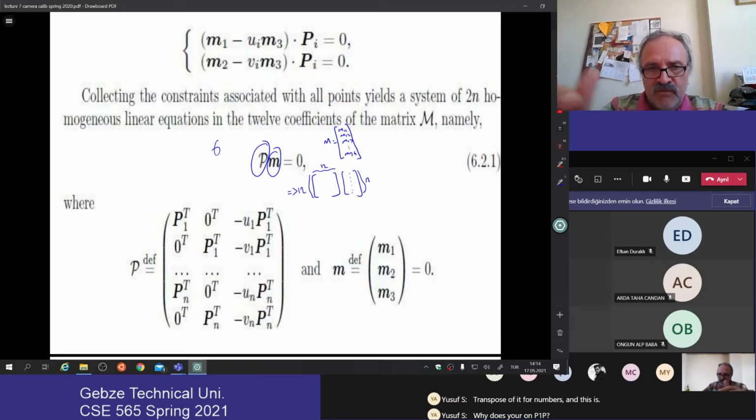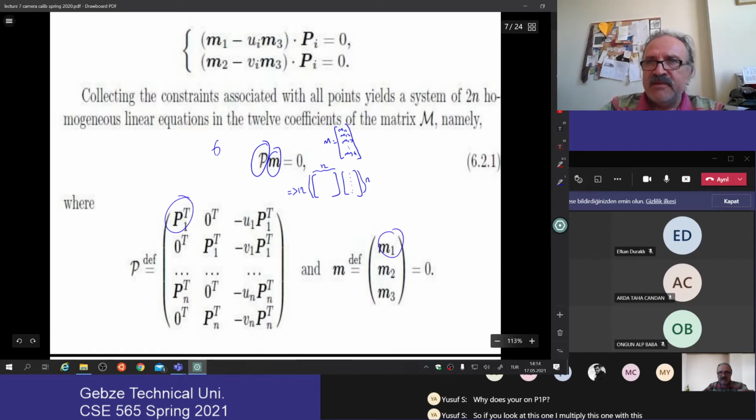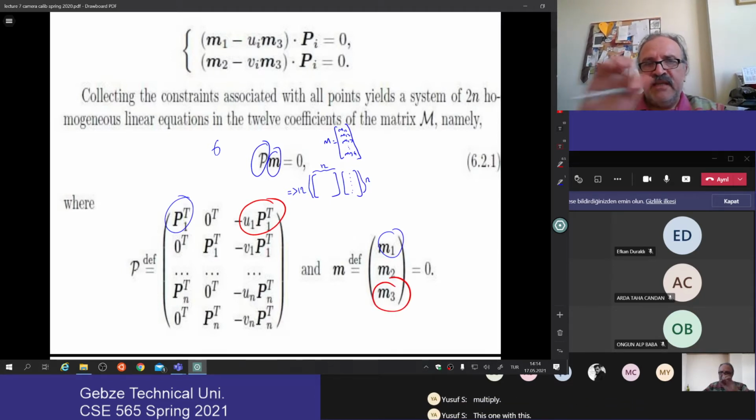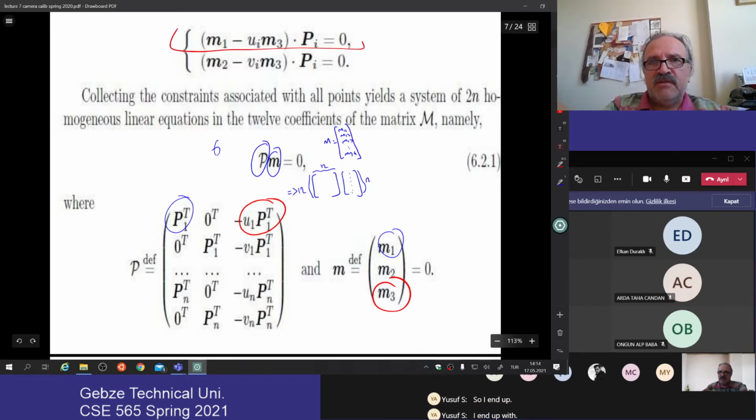So if you look at this one, I multiply this one with this, and I multiply this one with this. So I end up with this equation. You understand, right?